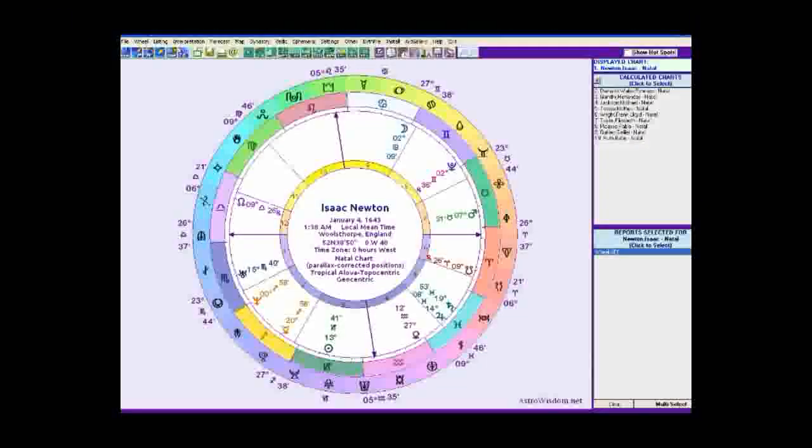Okay. So I'd like to show you first the chart of a very famous astrologer. Most people, though, don't know that he was an astrologer. He was Isaac Newton. He's the one that had the apple fall on his head, and he formulated the very famous laws of motion.